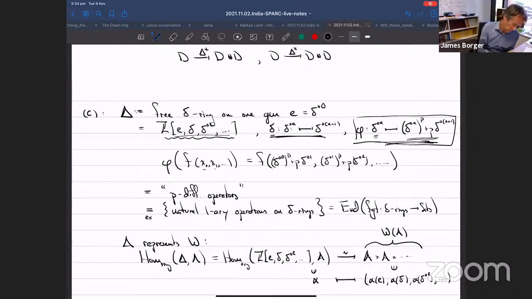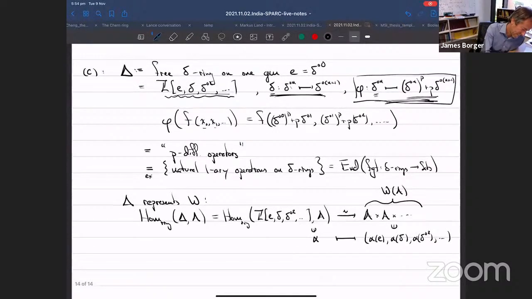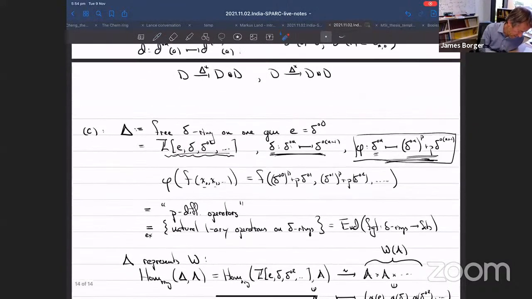So you could think of this as yet another, maybe even less formulaic, definition of the Witt vectors of A. Well, of course the Leibniz rules are crucial here, and I'm not mentioning them.